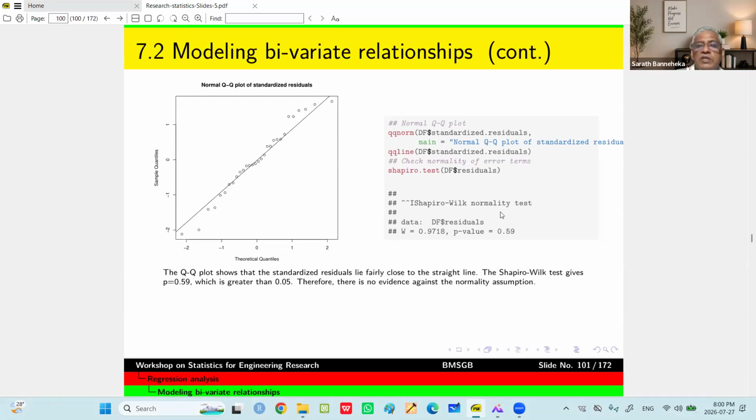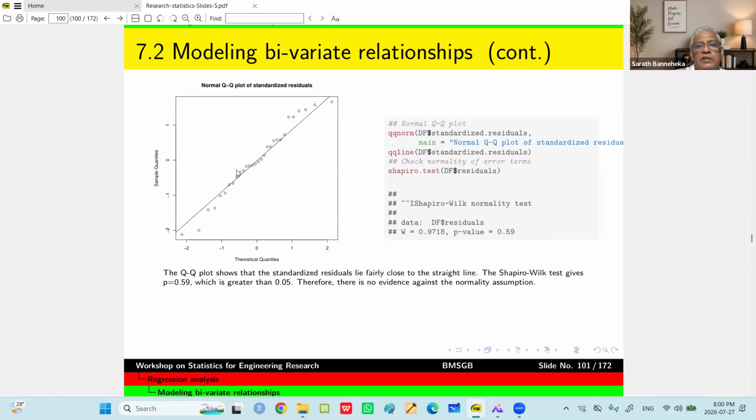When we carry out that test, the p-value is 0.59. This is much larger than 0.05. Therefore, we do not reject H0. That means we decide that residuals are normally distributed.